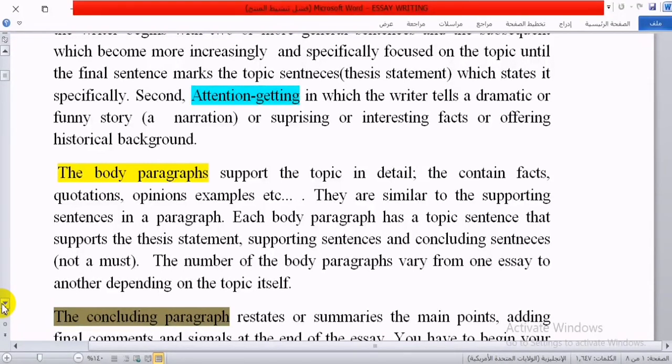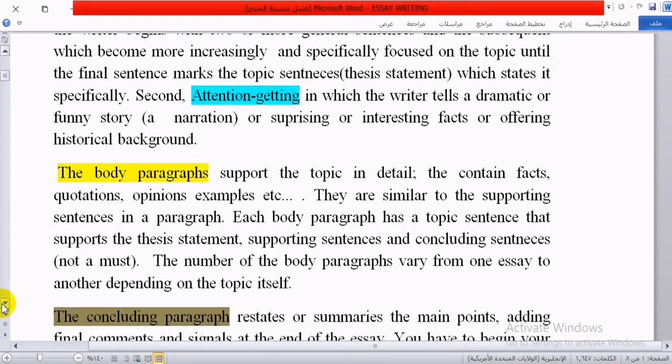These paragraphs discuss in detail the main ideas or the subtopics in the thesis statement, and they contain facts, quotations, opinions, examples, statistics, etc. The number of paragraphs varies from one essay to another depending on the topic itself. Sometimes they are two, sometimes three, four, etc.